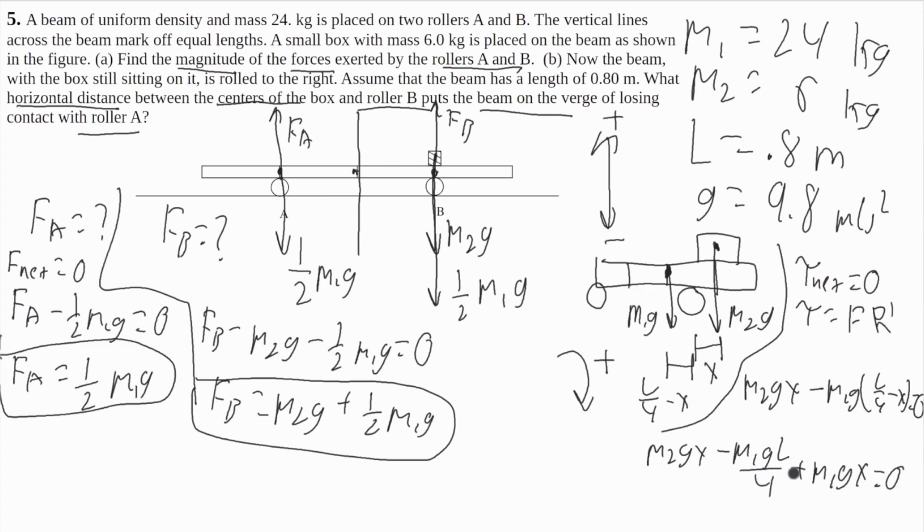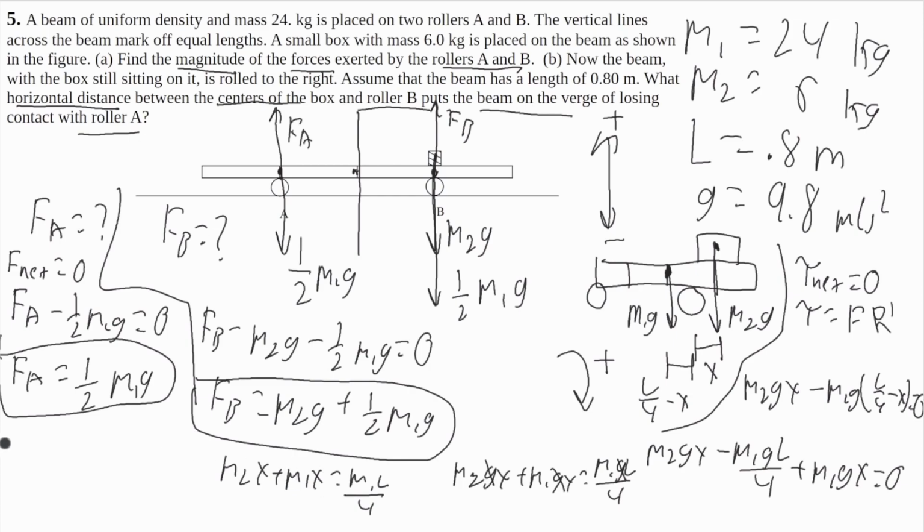Now I'm going to add m1gL over 4 to both sides, and you get m2g x plus m1g x is equal to m1gL over 4. The g's will cancel, and I'll get m2 x plus m1 x is equal to m1L over 4.